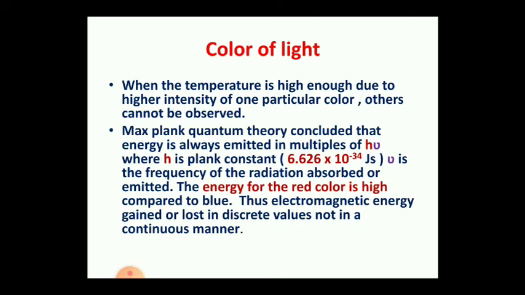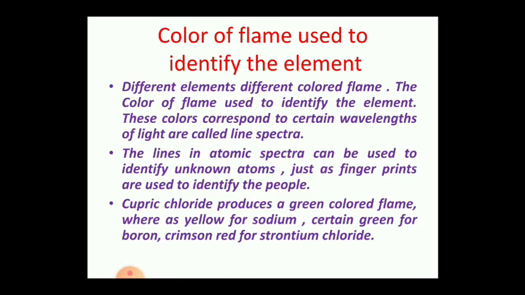Means the difference between these two energy levels is always fixed. Means it has the discrete value. That's why the electromagnetic energy gained or lost is in discrete values, not in a continuous manner.